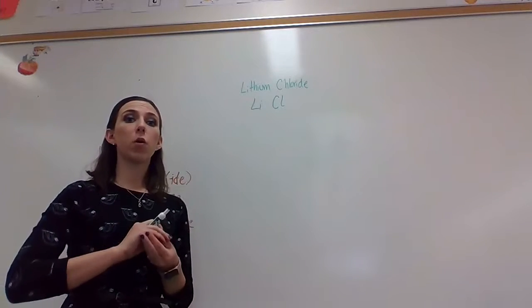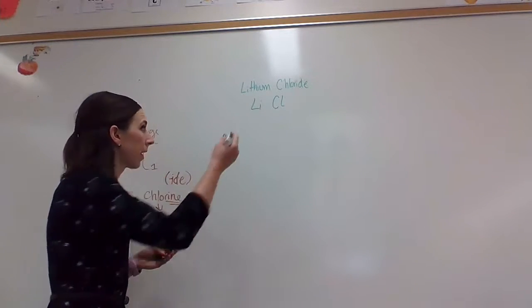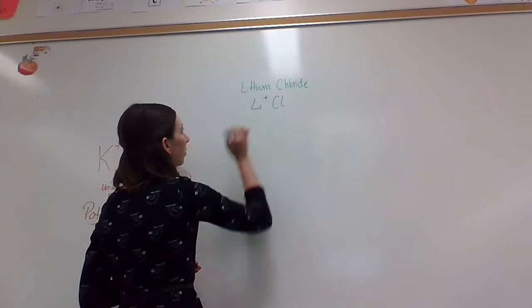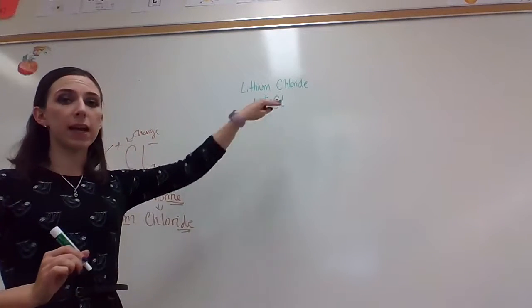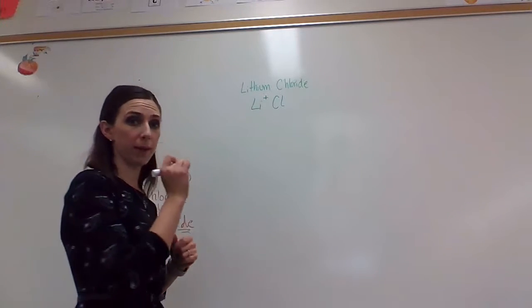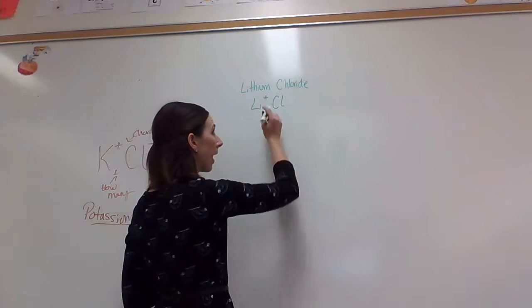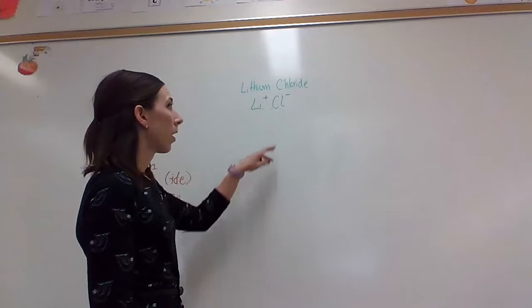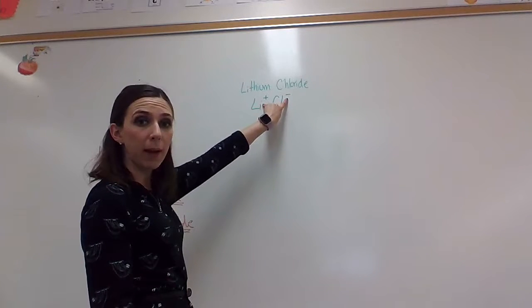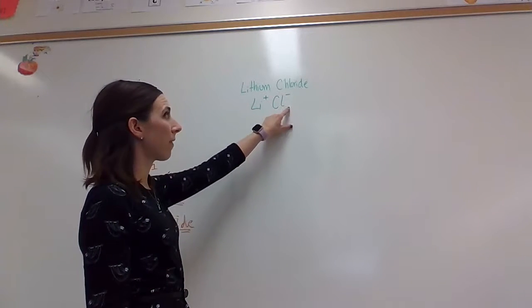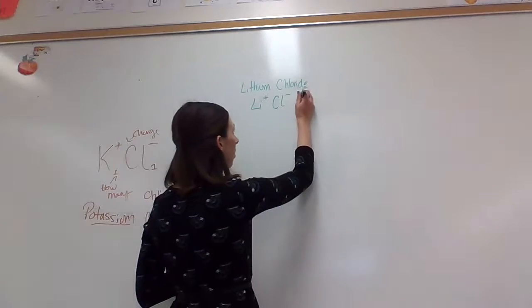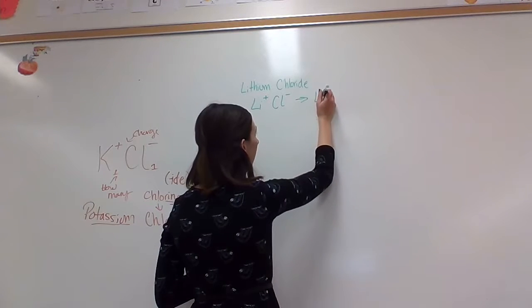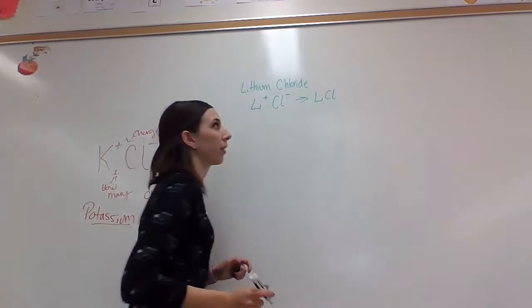So with that, it is going to lose 1 electron and have a +1 charge. Chlorine is a halogen, so it's going to be in group 17, and it wants to gain the 1 electron. So it's going to have a -1 charge. When writing this, these two are already balanced, so you don't need any extra lithium or chlorines. So your final answer would be LiCl for lithium chloride.